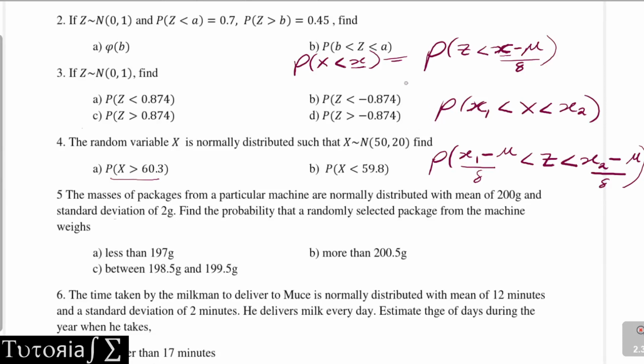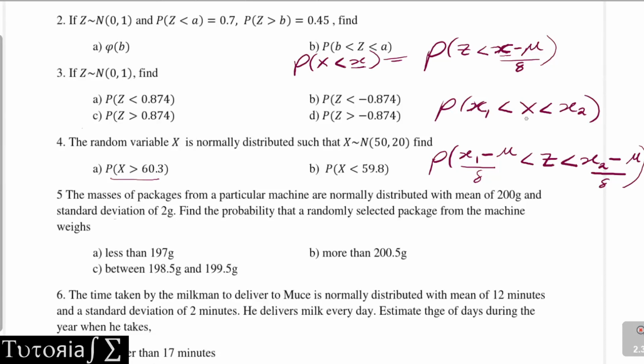This is the formula, and you should write this down. For the probability of x less than small letter x, this is equal to z. We follow the sign. If the sign is less than, the sign here will be less than. If the sign is greater than, the sign here will be greater than. So for x less than x, we say z less than x minus the mean over the standard deviation.